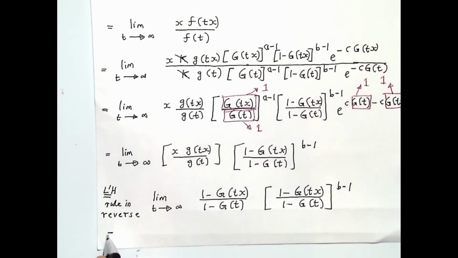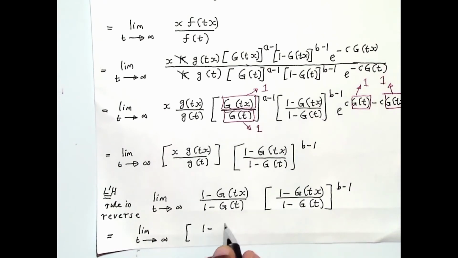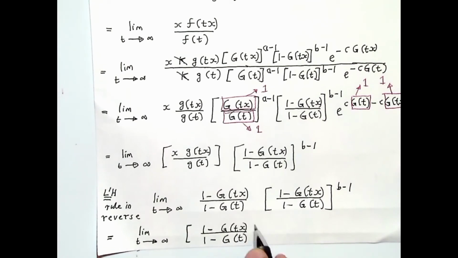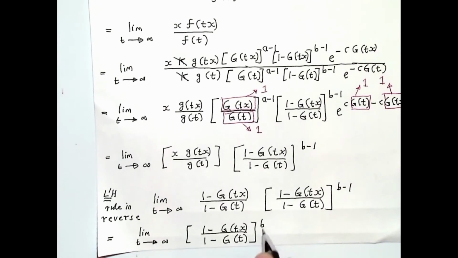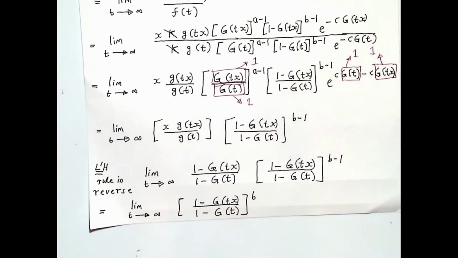So you have the limit to the power b, right? Now in the next line, I'm going to use double star, which is the assumption that I made at the beginning.